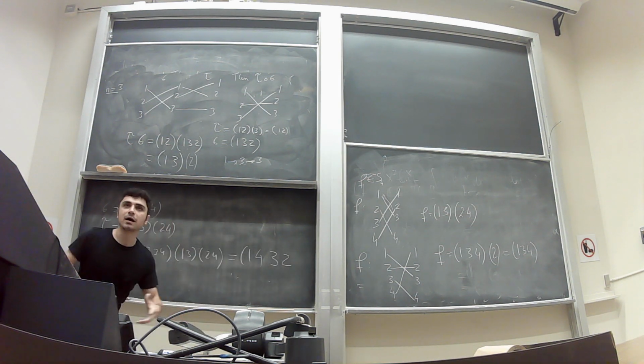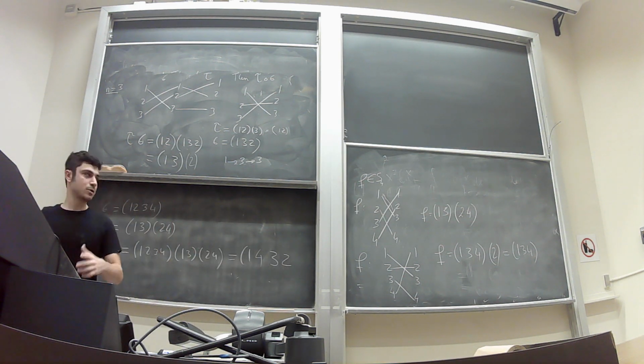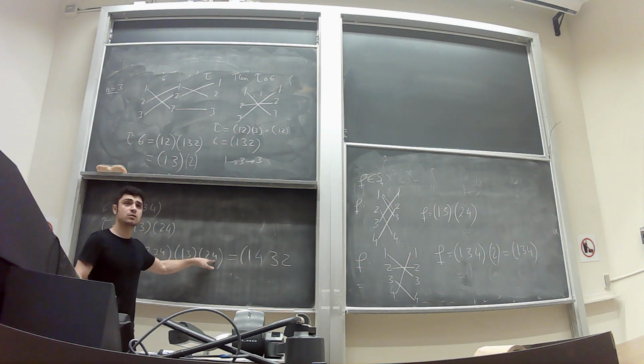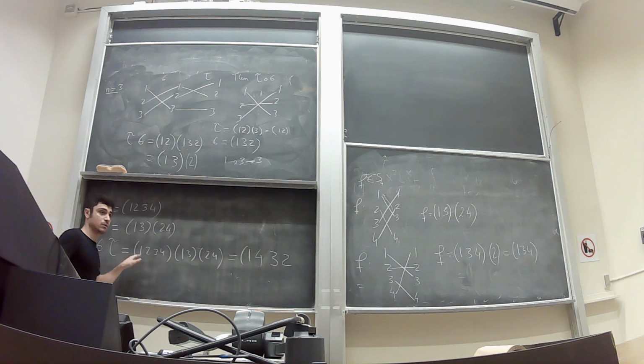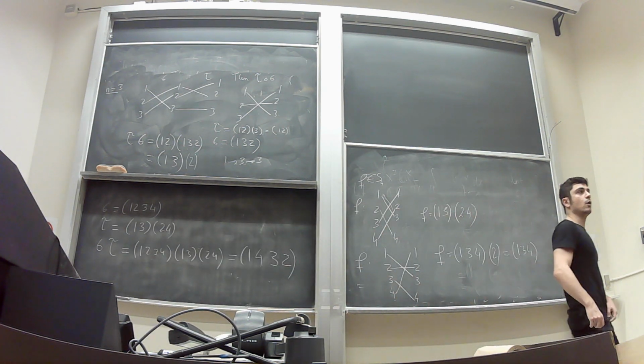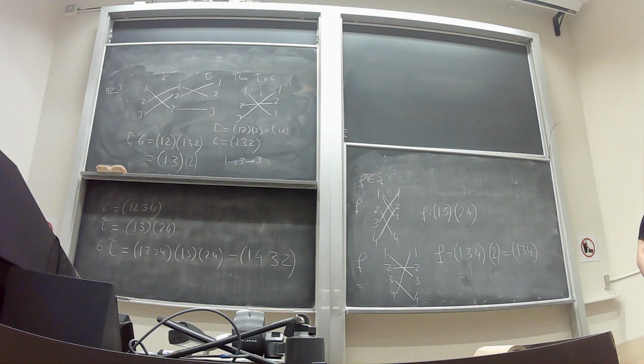If things are coherent and correct, 2 should go to 1, because it's a bijection. Let's check this. Where does 2 go to? 4. What happens to 4 here? Fixed. So 2 goes to 4. Okay?